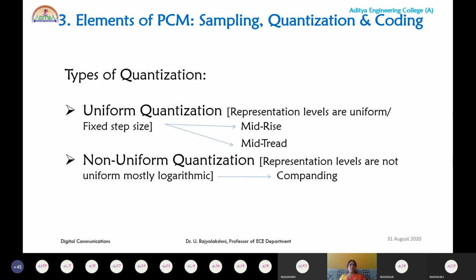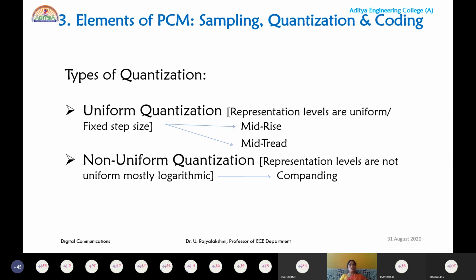So what is meant by uniform quantization? Here, uniform quantization means that its step size is fixed or uniform throughout the representation levels. Now, what is the drawback with this fixed step size? In the fourth module, we can calculate the quantization error.